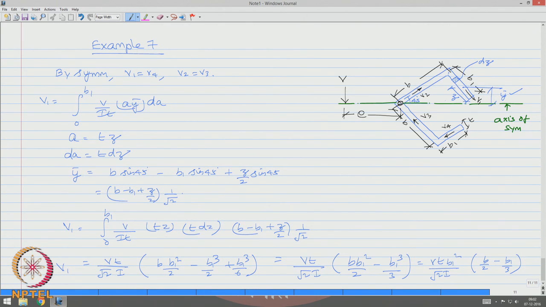One can get in the similar fashion V 2. If you look at the expression for V 1, it is V t B1 square by root 2 I, B by 2 minus B1 by 3, where I is the moment of inertia of the complete section, is it not, with respect to axis of symmetry.